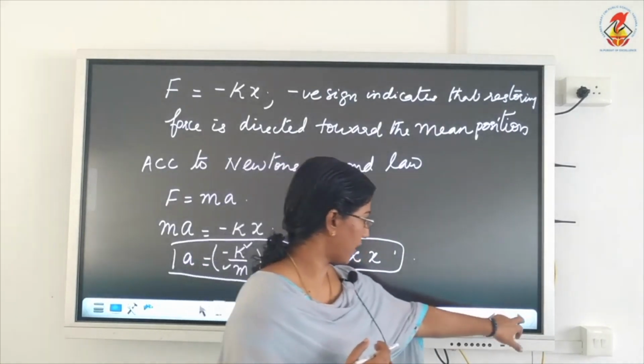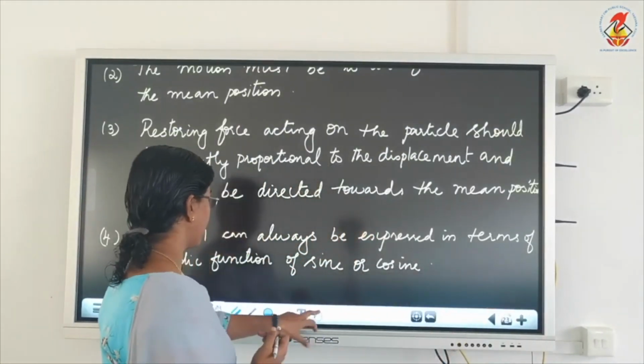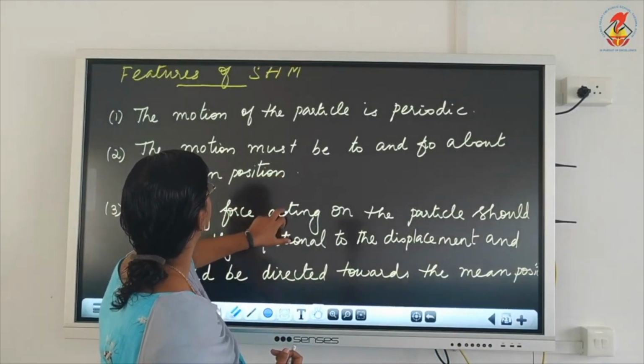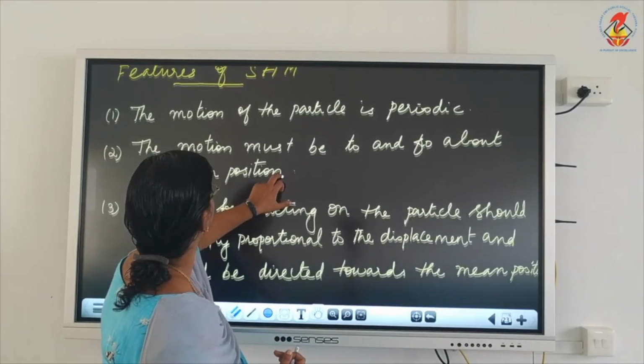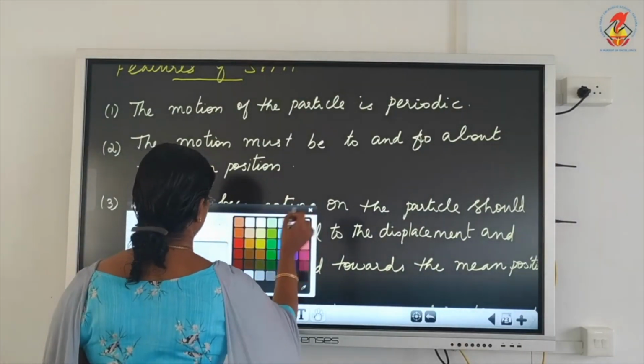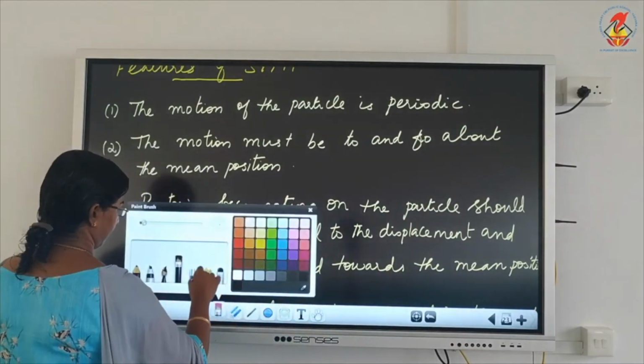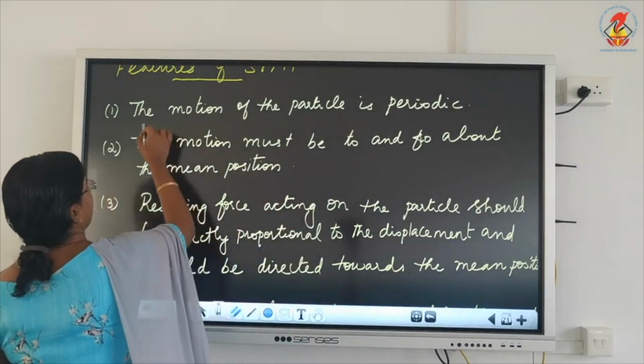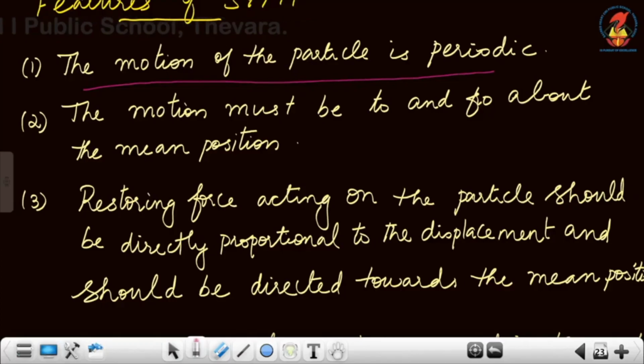Now let us see what the features of SHM are. First one, the motion of the particle should be periodic, which means it should repeat itself at regular intervals of time.